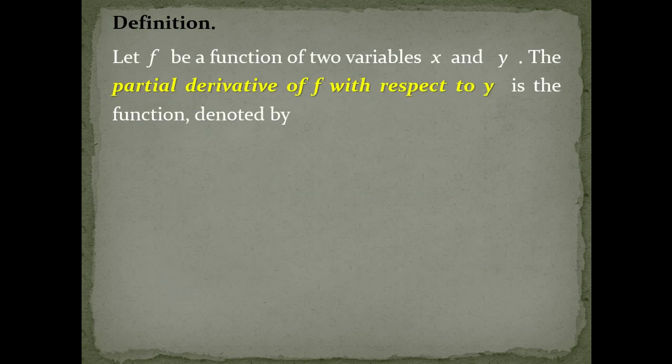And then we have another definition here. Let f be a function of two variables x and y. So the partial derivative of f with respect to y is the function denoted by the following. Okay, now we have the subscript here, which is 2, that refers to our partial differentiation being with respect to y.